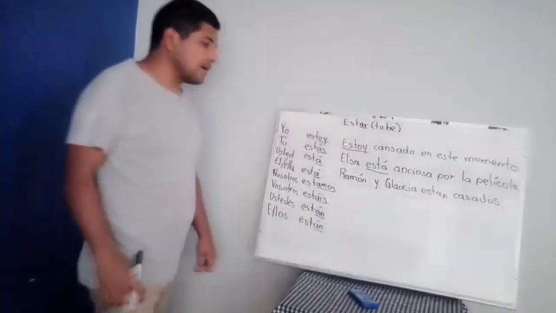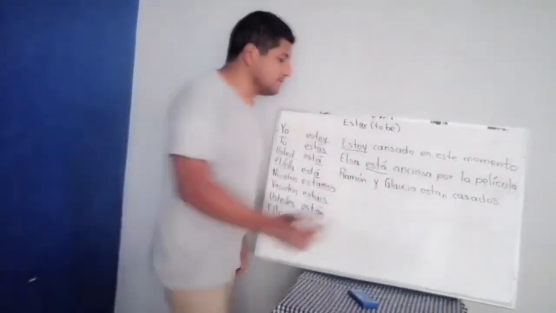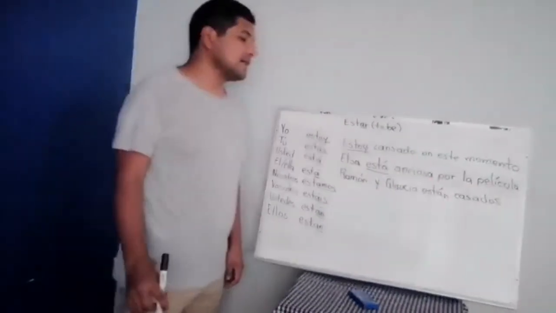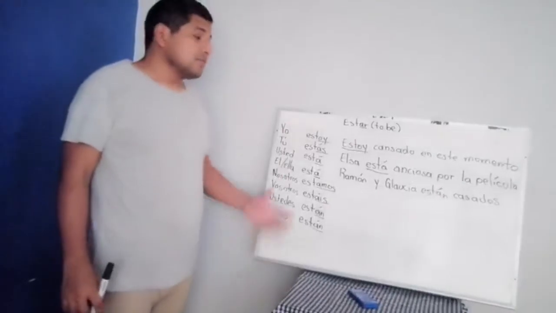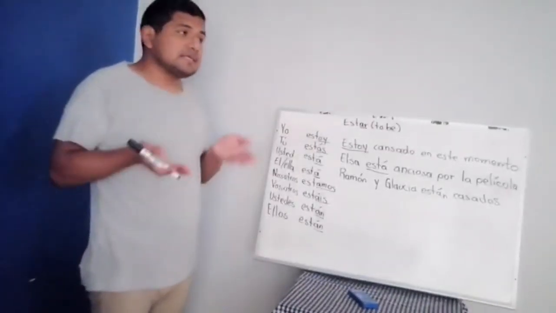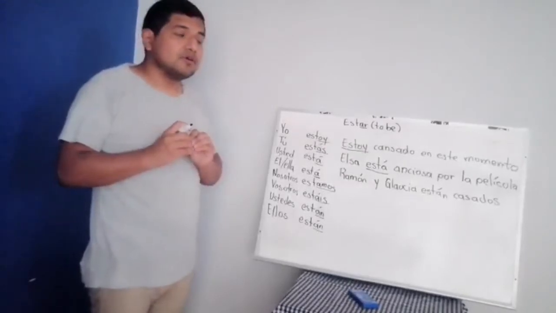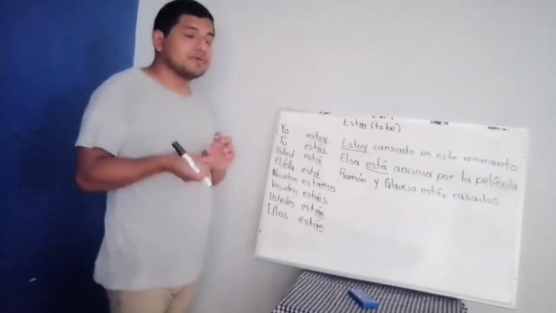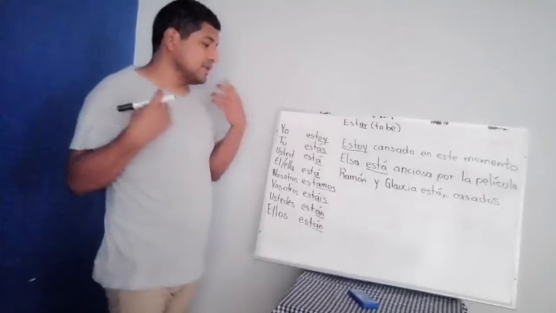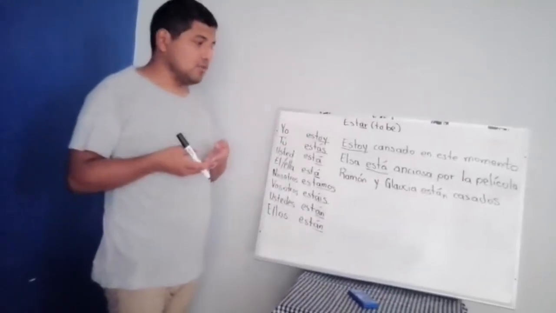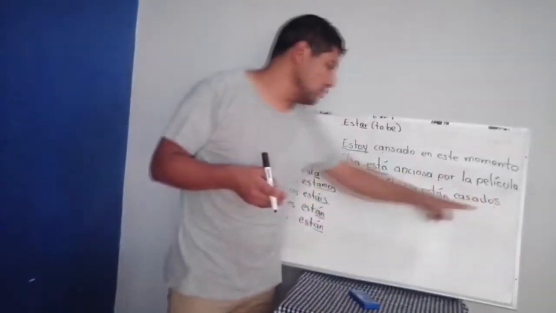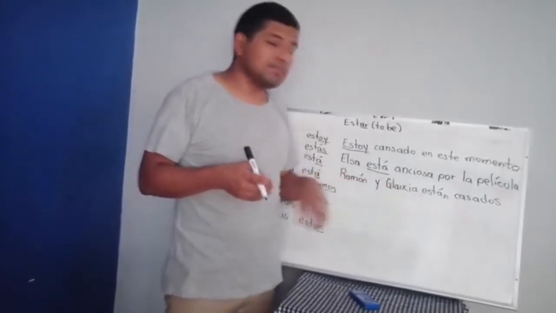Okay, Ramón y Glaucia están casados. That is the state that they are in. They are married in this moment. Remember, plural because we are talking about two people.